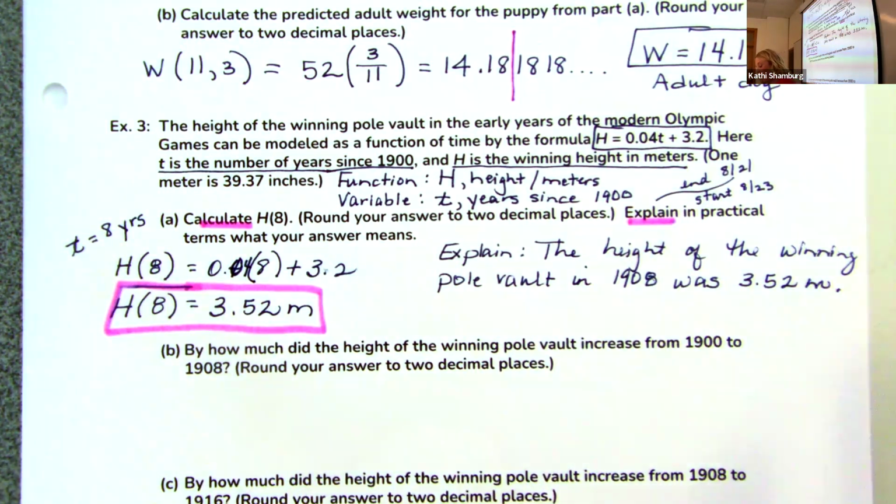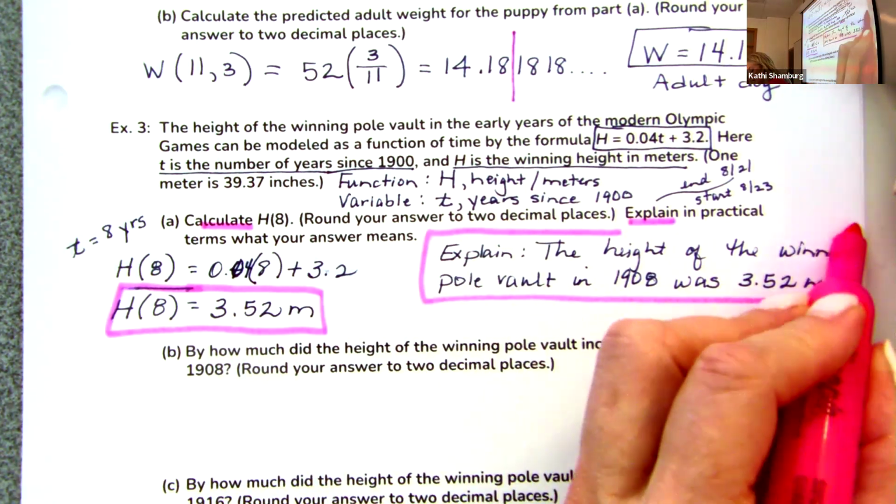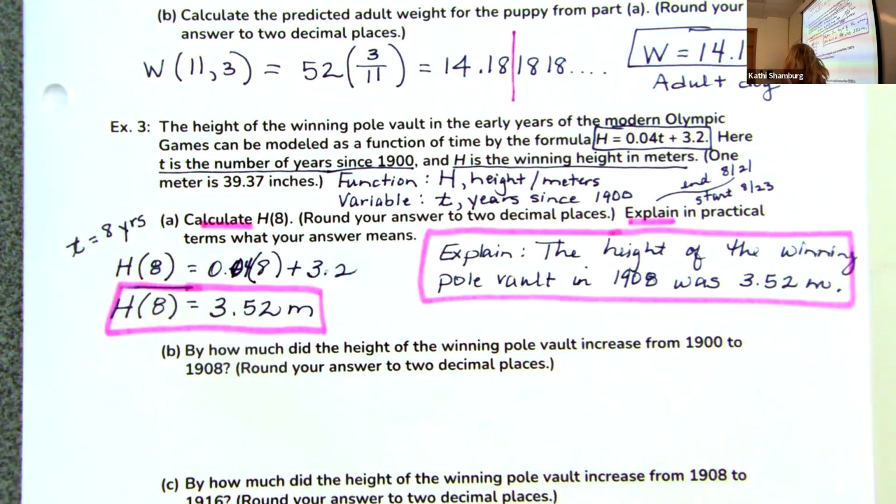Now, does that mean you have to write it word for word how I did? No. But I am looking for that you tell me what the function is, which is the height of the winning pole vault. I need to know information about the variable, that's the 1908, and then I need the information about what you calculated, which is 3.52 meters. Okay.